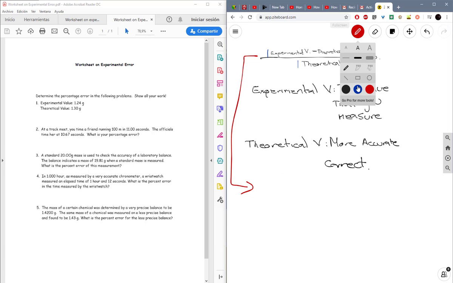So what is the experimental value? The experimental value is 1.24 grams minus the theoretical value, which is 1.30.